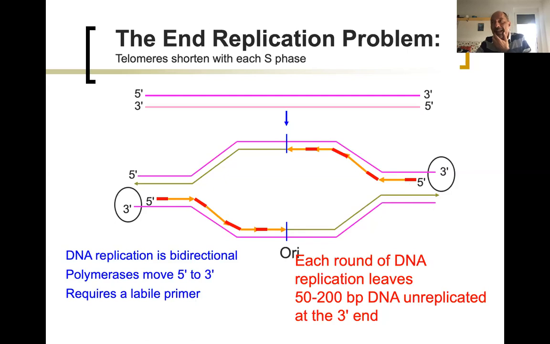So when you are at the end of the chromosome, you will end up with this primer, but every time you have a replication, you leave some 50 to 100 base pairs of DNA unreplicated at the 3' end.